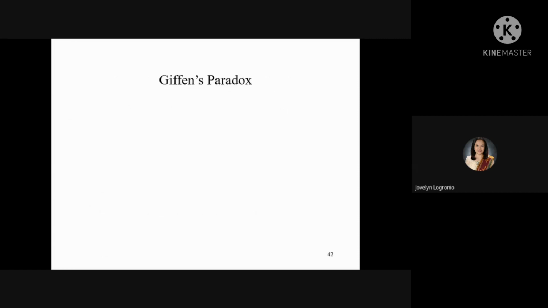Another type of good is the Giffen good. So the term Giffen good was named after Robert Giffen.